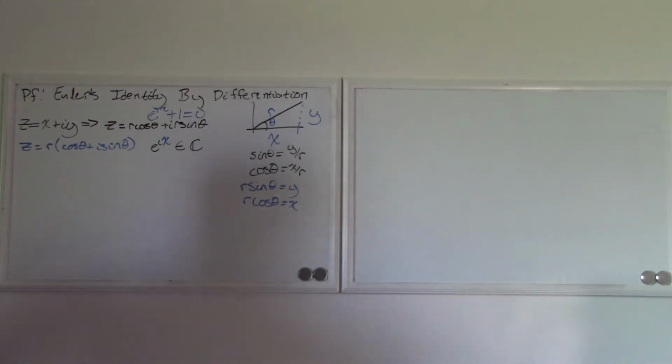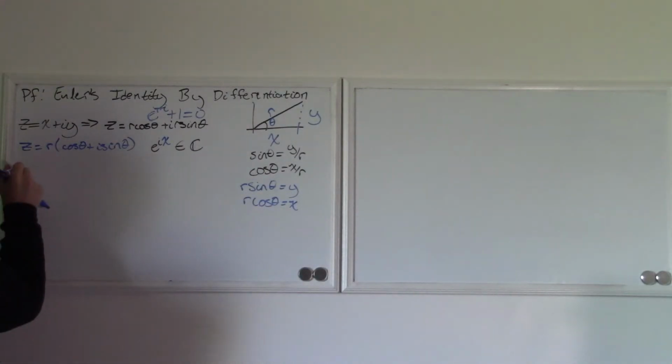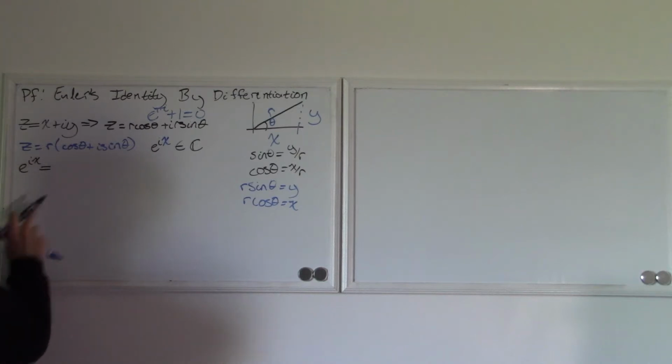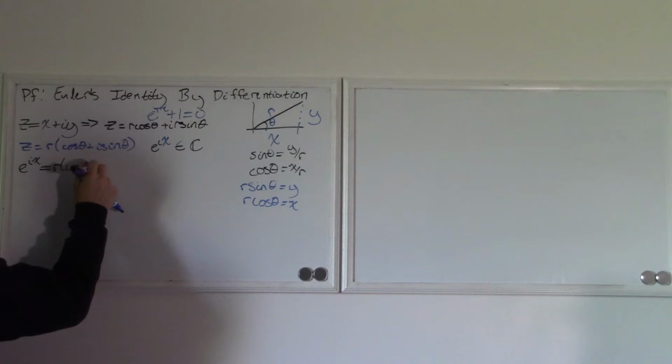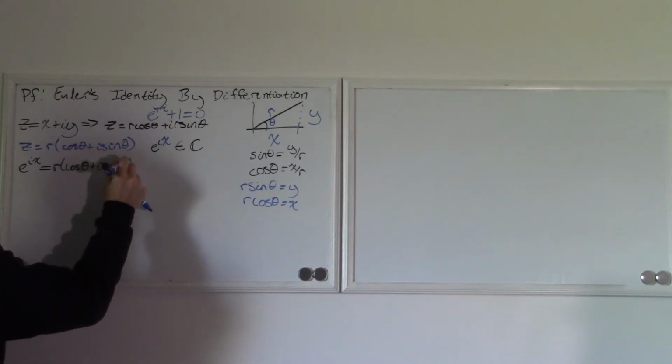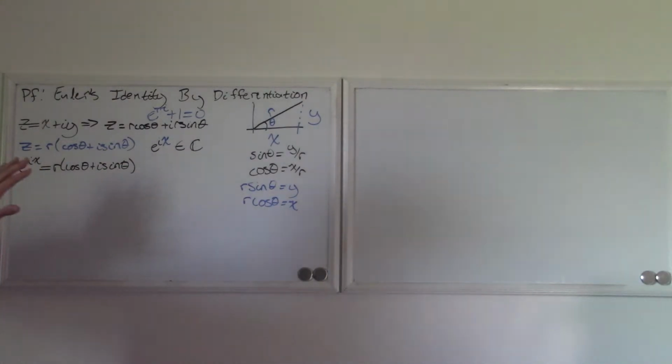What that also means is that we can say e to the power of i times x can be written as r cosine theta plus i sine theta, because e to the power of i times x is a complex number, and all complex numbers can be written this way.